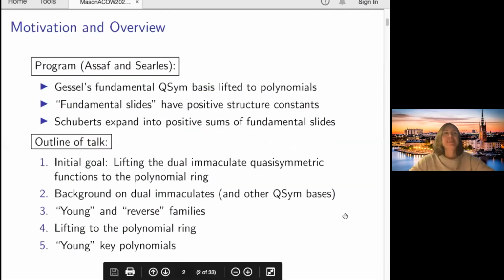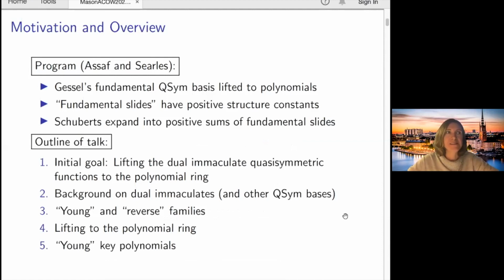This project is motivated by some recent work of Assaf and Searles. They've developed a research program of lifting bases for quasi-symmetric functions up to the polynomial ring. One nice example of this is their fundamental slide polynomials, which are functions that actually have positive structure constants.